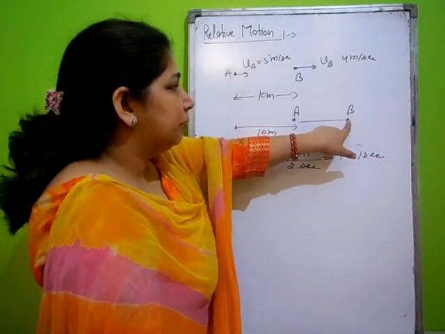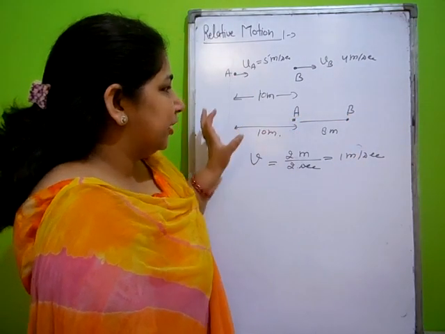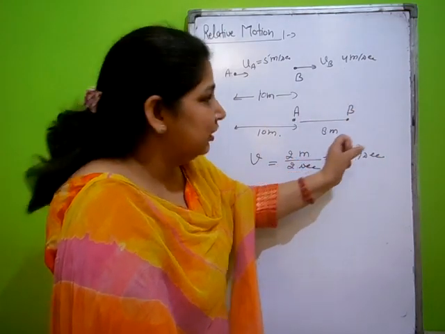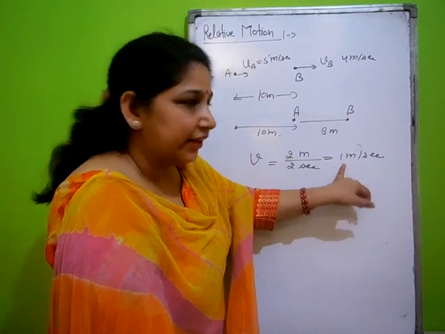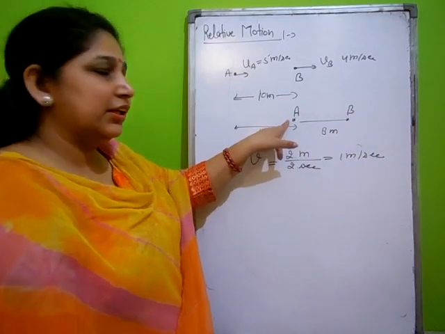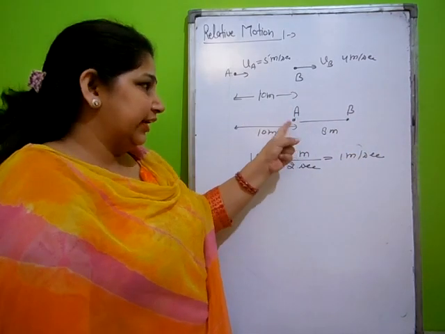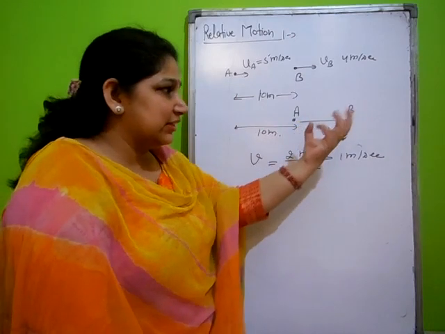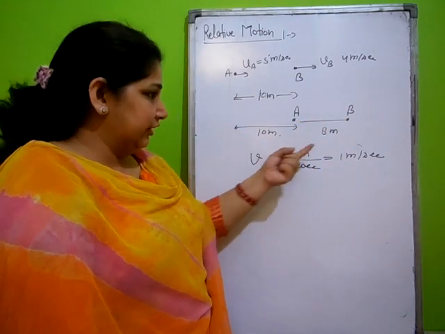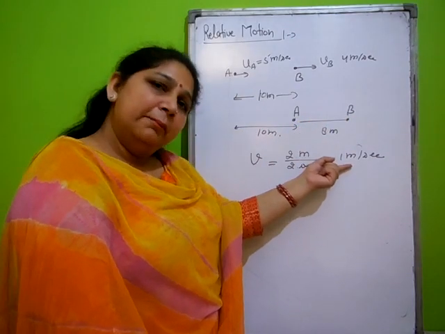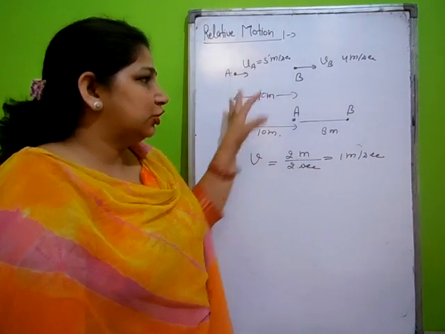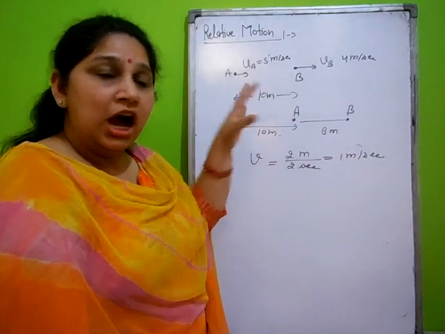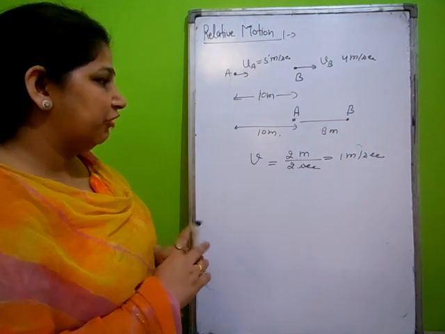Now what is the change? The B object is saying that A object is coming towards me with a rate of 1 meter per second. If A object is observing, then it will say that B object is coming towards me with the rate of 1 meter per second. Got it? The rate will be the same. This is called relative velocity. How can we find the relative velocity of any object?